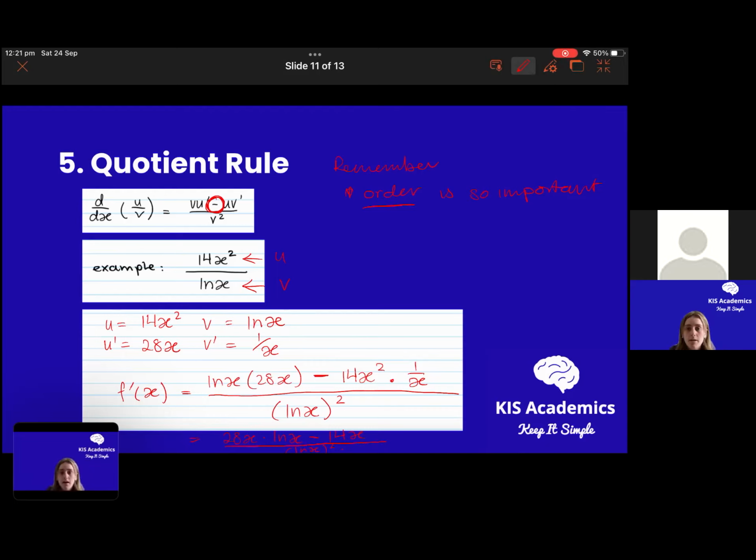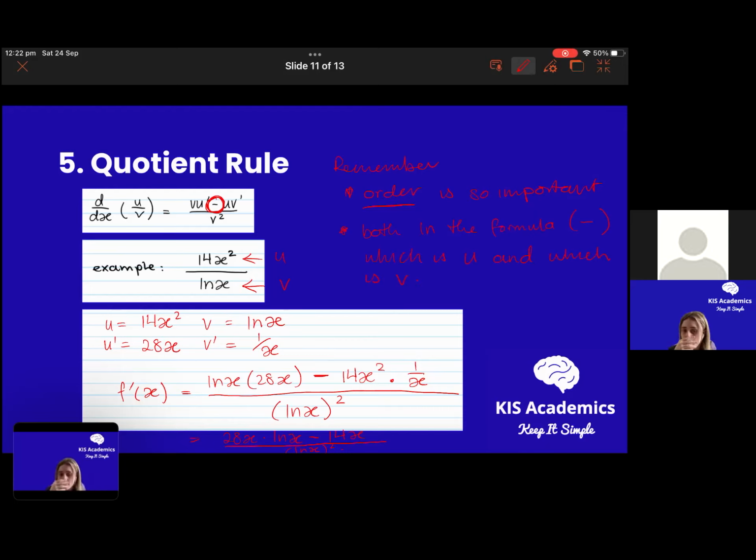Okay, great. So that's our quotient rule. Again, remember your order. So by order, I'm meaning both in the formula, so using the minus, and which is u, and which is v.